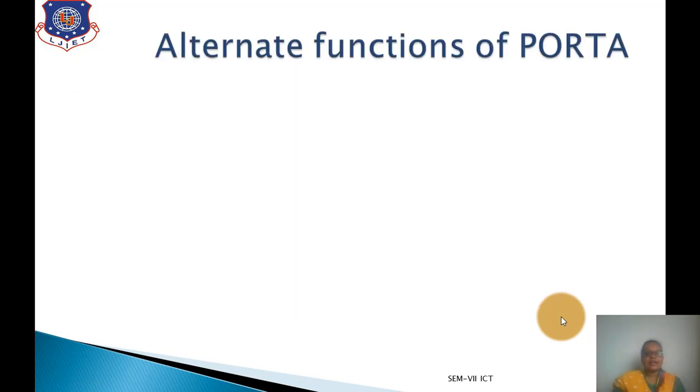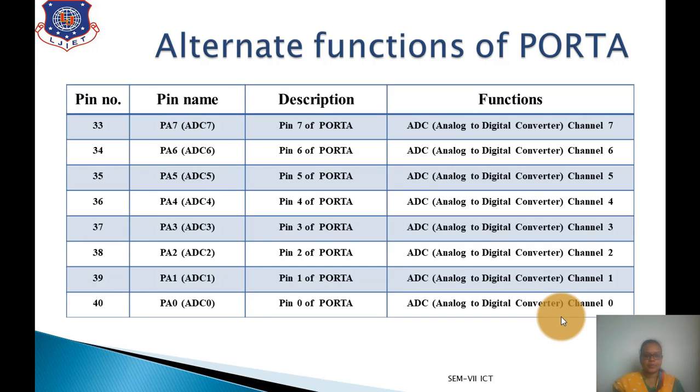Now next we are going to discuss the alternative functions of all the IO ports. First, the alternative functions of port A. In this table you can see the alternative functions of port A. Port A lies from pin number 33 to pin number 40. Pin 33 stands for PA7, which has ADC7, that is analog to digital converter channel number 7. Pin 40 is PA0, that is ADC0.